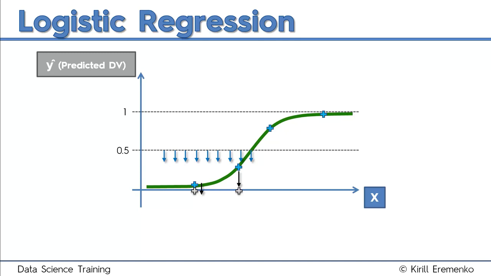So if you do require a y hat, a predicted yes/no value, then it makes sense that if something's below 50%, you're probably going to say that they're not going to take up the offer. So there you go, both of their y hats are 0.